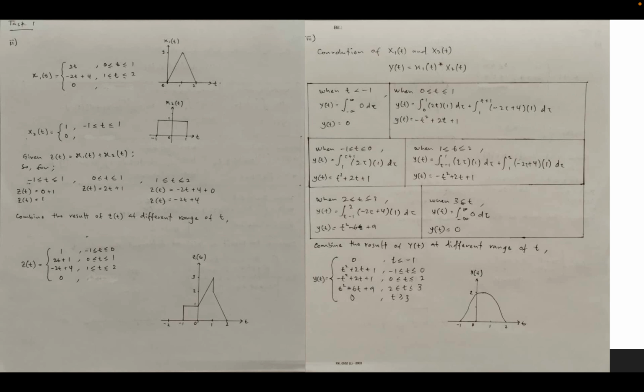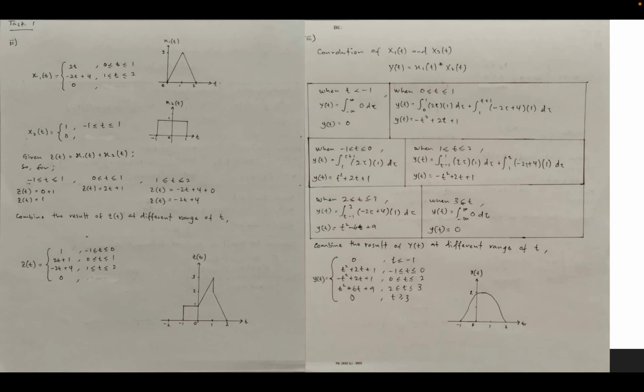So this is the expression for z(t), and this is the final graph. From t equals -1 to t equals 0, constant value at 1.